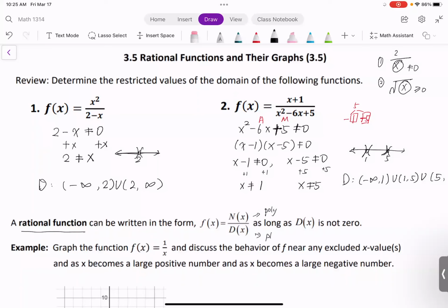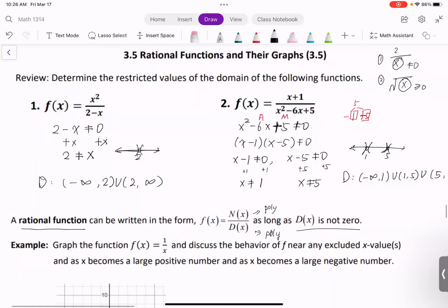Why are we using n and d? N means numerator polynomial. D means denominator polynomial. And the denominator is not 0 because the bottom is not 0. If the bottom is 0, the expression is undefined, or the function is undefined.